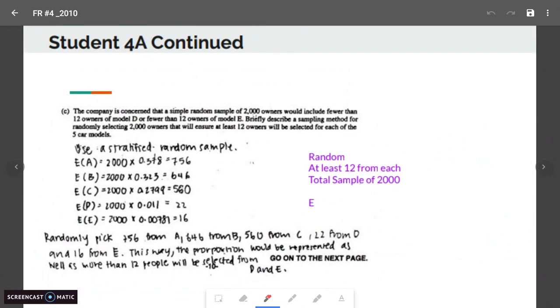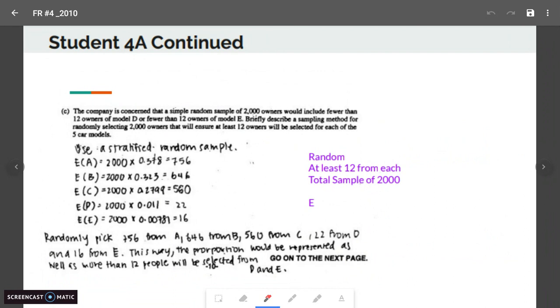And in this part C, all 3 parts are covered. So they mentioned stratified random sample. They show what each group is going to break down to. So you're randomly picking from A, randomly picking 646 from B. All of these pieces broke down. So we have the random mention.